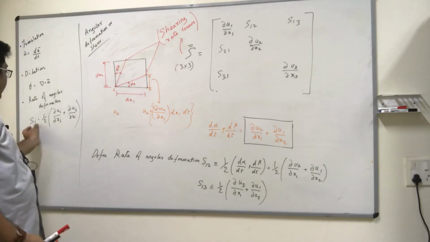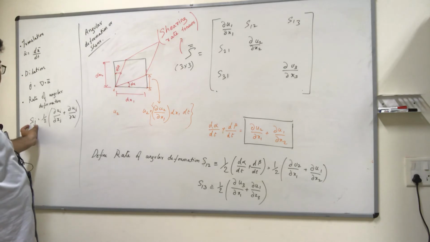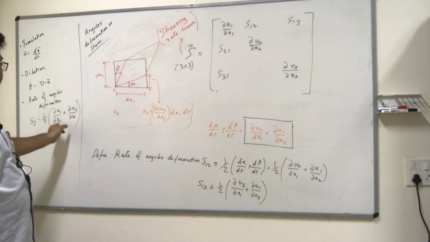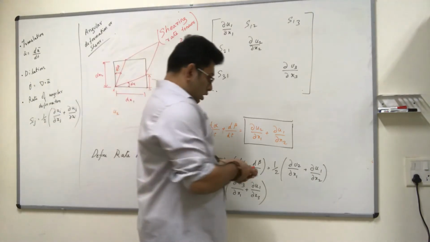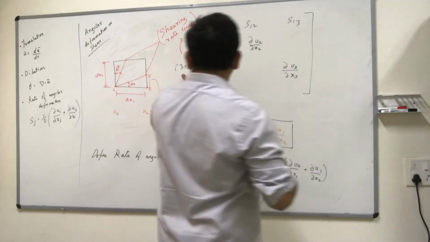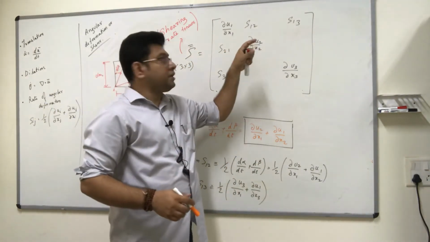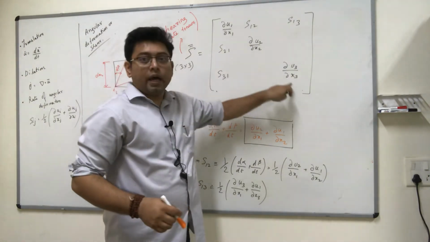And these are the terms of the matrix. So Sij are the ith and jth terms, and if you put ii, then this just becomes the dilation. The trace of the shearing rate tensor, I hope you know what the trace is. Trace for any matrix is the sum of the diagonal elements.